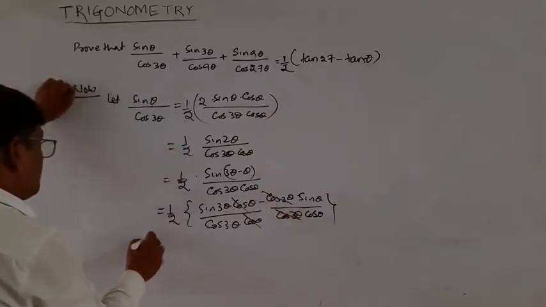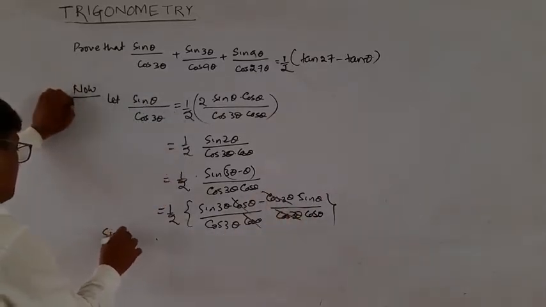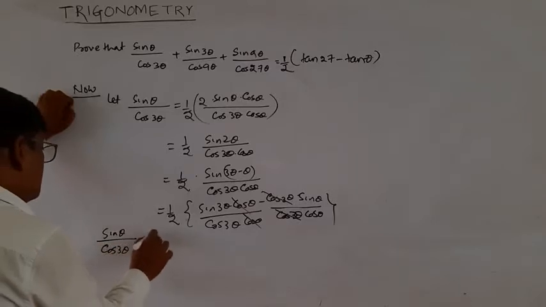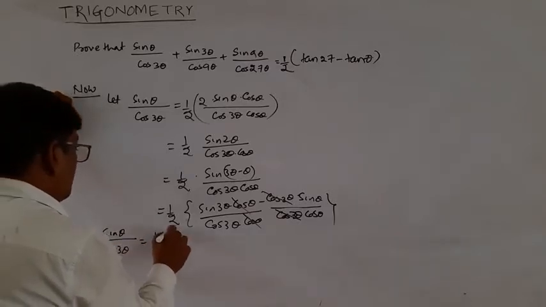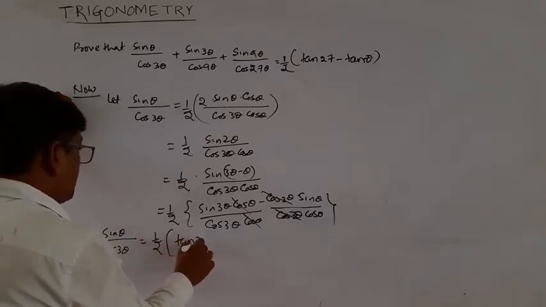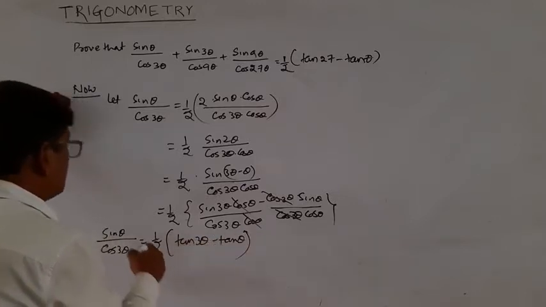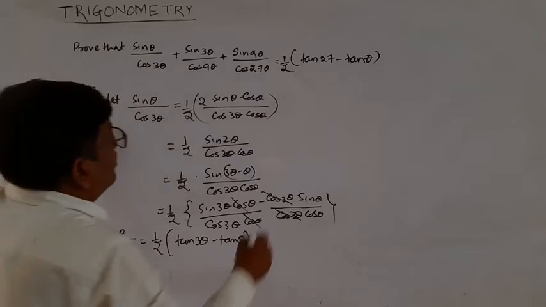So this is equal to sin theta by cos 3 theta, which is equal to 1 by 2 tan 3 theta minus tan theta. Now first term is over. Now for second term.